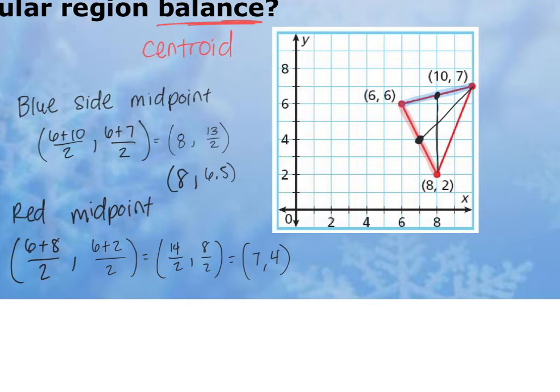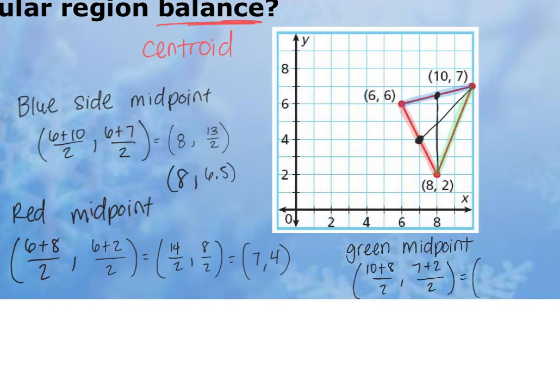Okay, so let's highlight that last side in green. And let's call that the green side. How do we find the midpoint of the green side? 10 plus 8 over 2. And then 7 plus 2 over 2. Good.